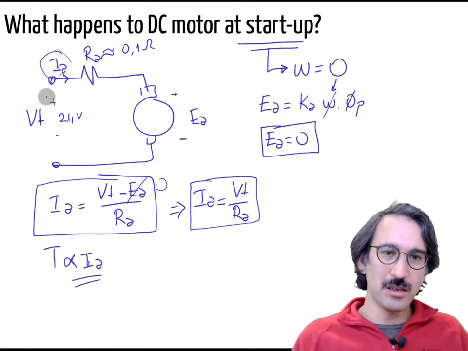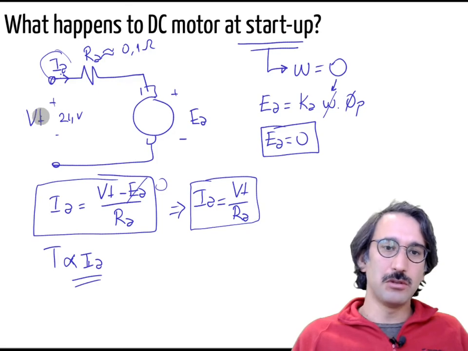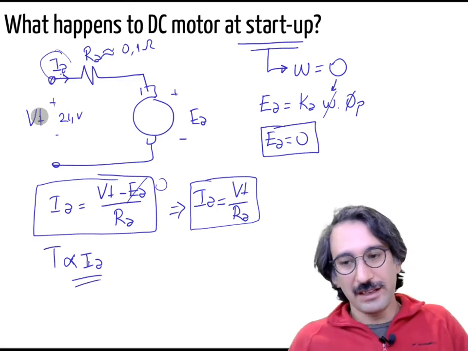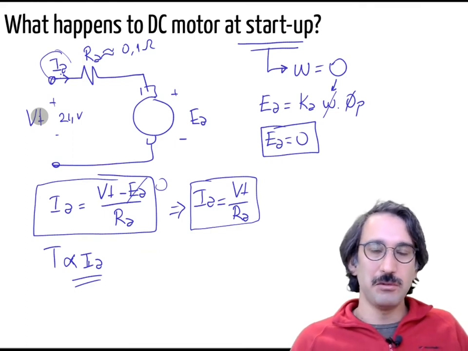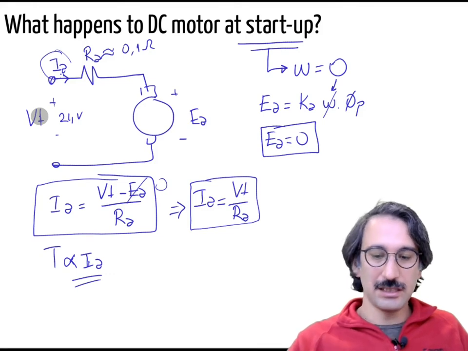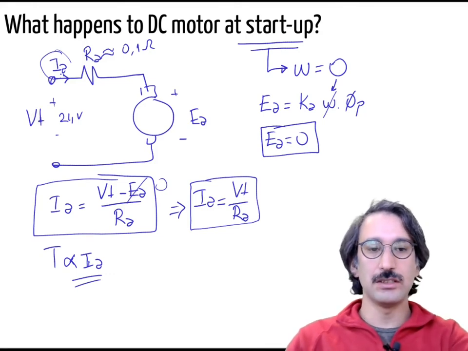So you don't want to connect your source voltage directly to the DC motor, but you want to have some controllers in between, and we will talk about the methods of control in the next slide. But let's talk about the advantages first.